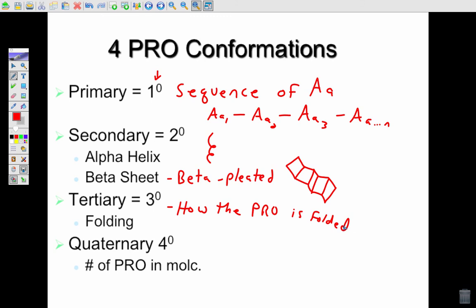The quaternary structure is the number of proteins in the molecule. So for example, hemoglobin has 4 proteins in it. Hemoglobin is a molecule that's inside our red blood cells that carries gases.